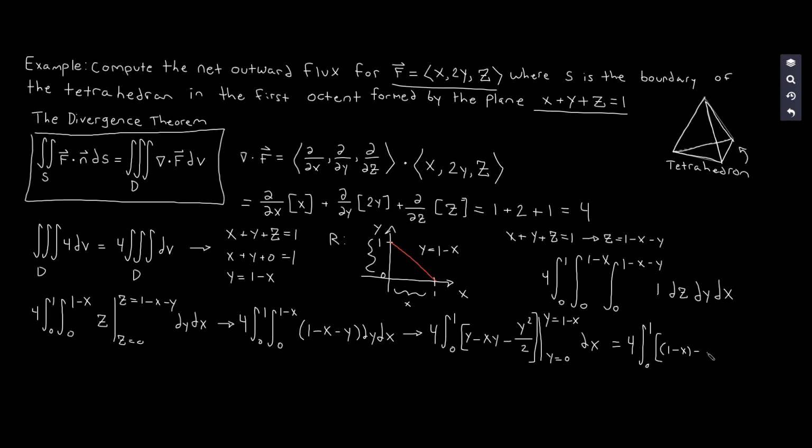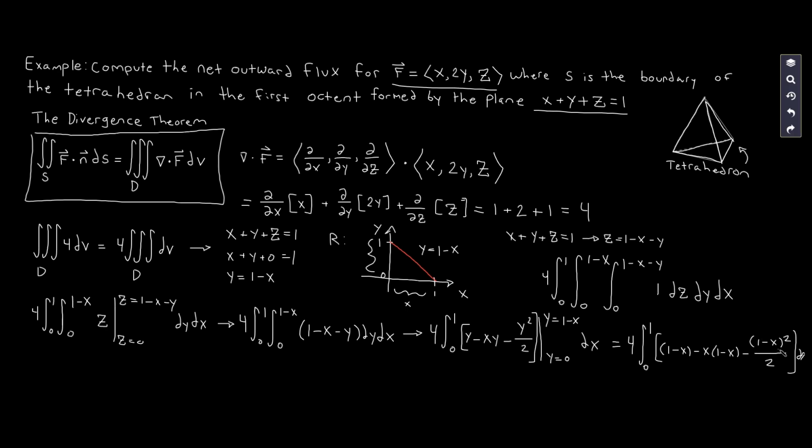minus x times 1 minus x quantity minus 1 minus x quantity squared over 2. Right now, we have 4 times the integral from 0 to 1 of 1 minus x quantity minus x times 1 minus x quantity minus 1 minus x quantity squared over 2 integration with respect to x.